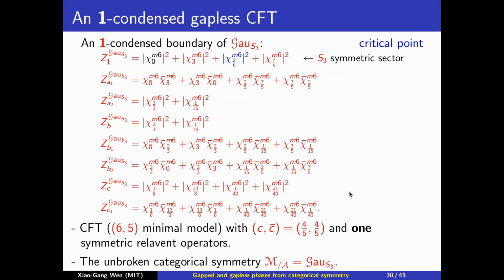For this S3 to Z2 transition, the full partition function is this one. There is the 6/5 minimal model in the chiral algebra, but the symmetry sector, the charge sector, and the scaling dimensions are different. In the totally symmetric sector, we have this kind of scaling dimension, and in the A1 representation, we have this kind of scaling dimension.